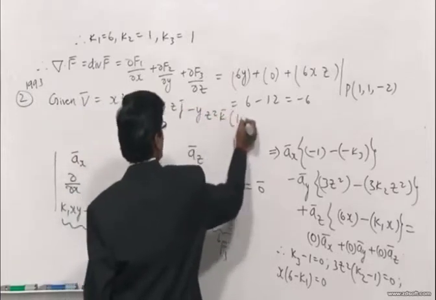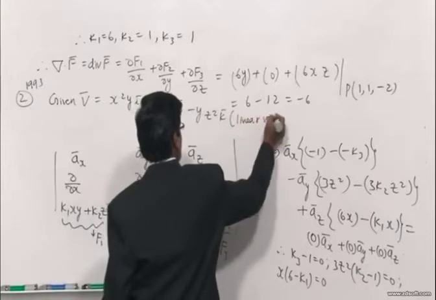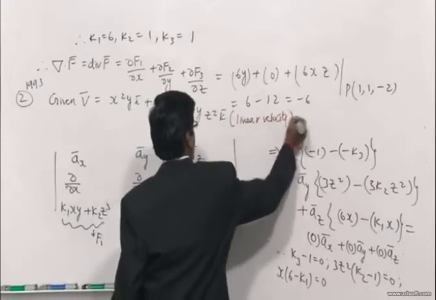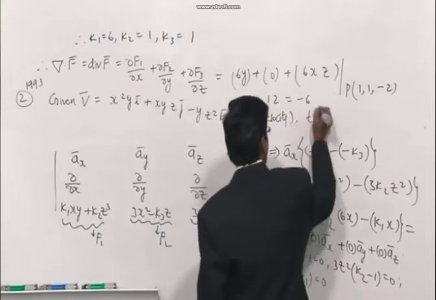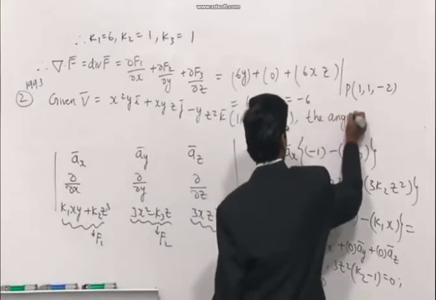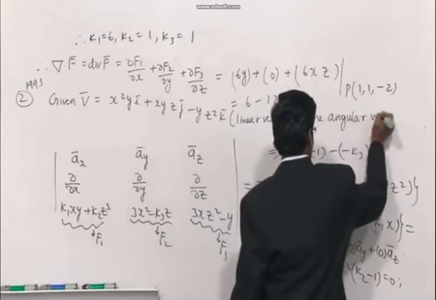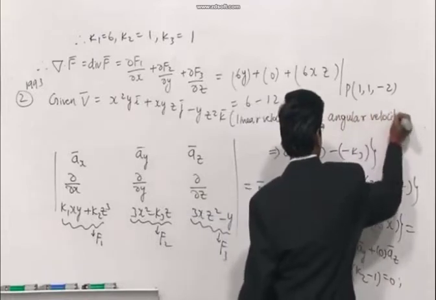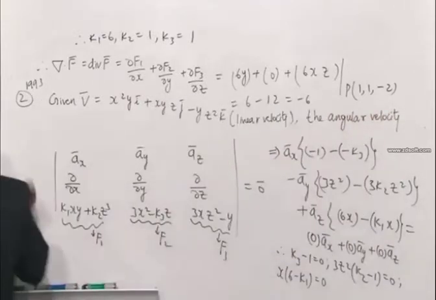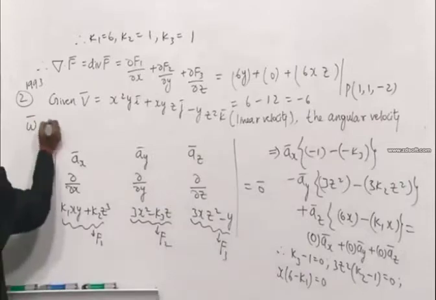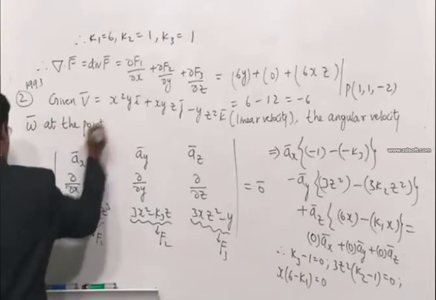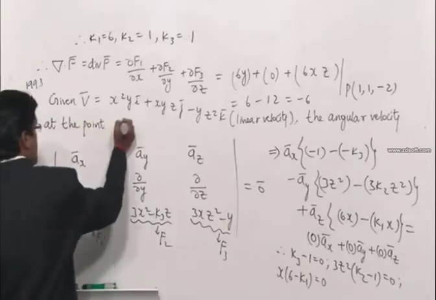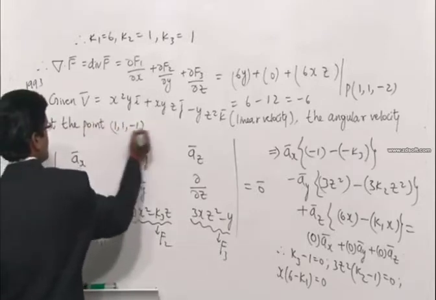This is the linear velocity. Find the angular velocity omega bar at the point (1, 1, -1).